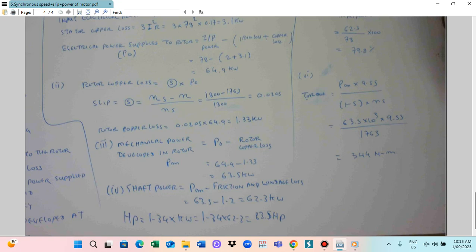And after that, the shaft power. Shaft power is the mechanical power developed in the rotor, which we already calculated, minus the windage and friction loss. Finally, you get the shaft power. The shaft power is PM minus friction and windage loss.